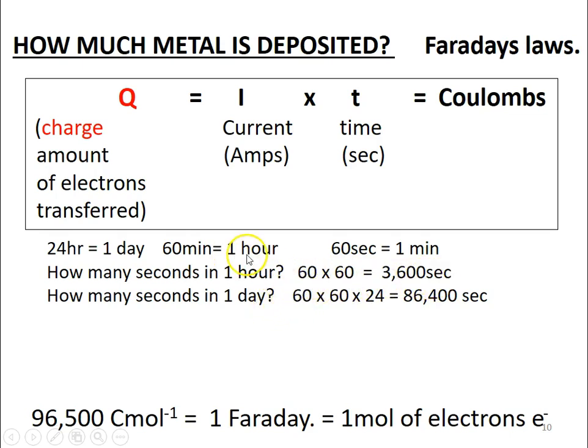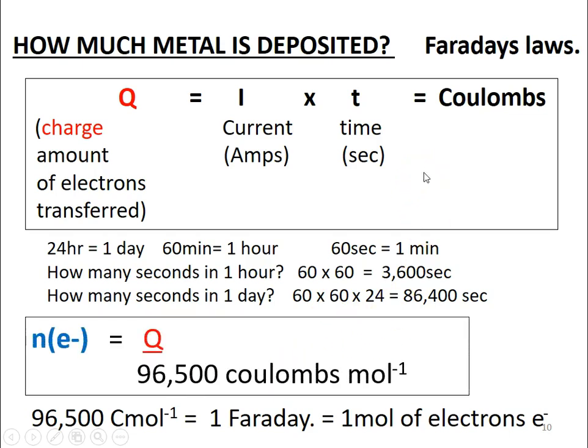There's 24 hours in a day, so 24 times that would be 86,400 seconds if you were doing it for a whole day. So however much time you're given, you just multiply accordingly to find out the number of seconds.